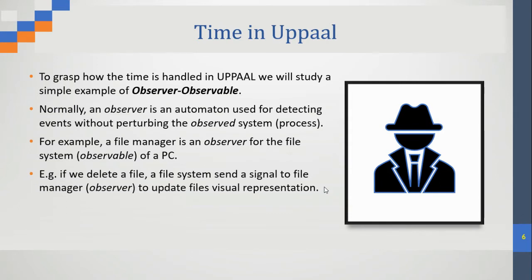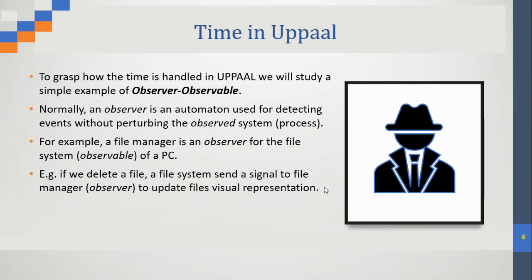For example, in your operating system, when you delete a file, the system should know that a file was deleted. So the observer here can be the file manager. Once you delete, this event should be detected and sent to the system.